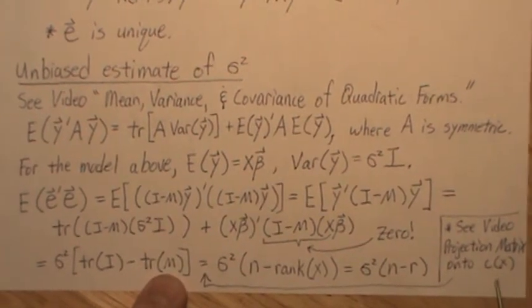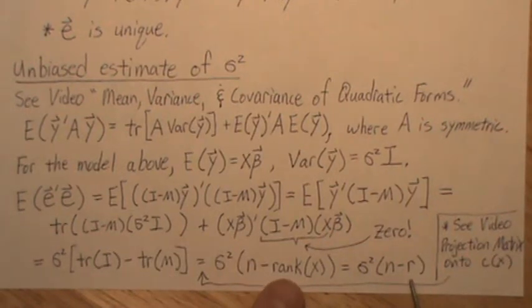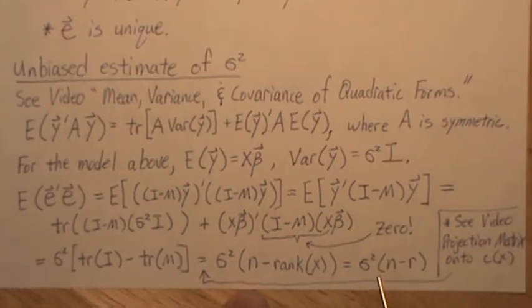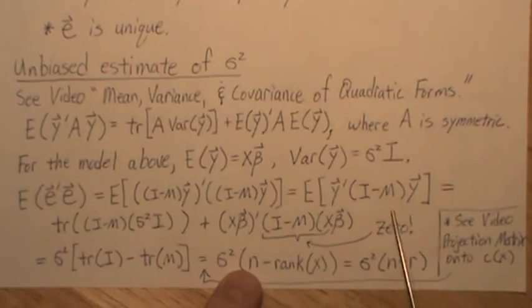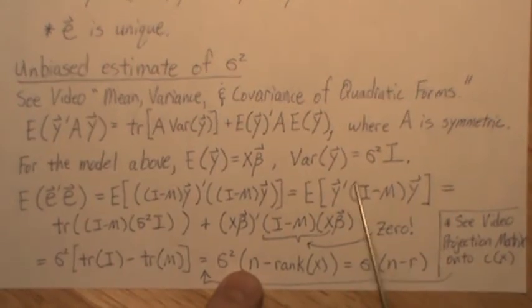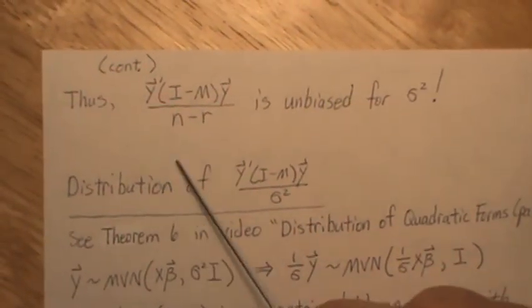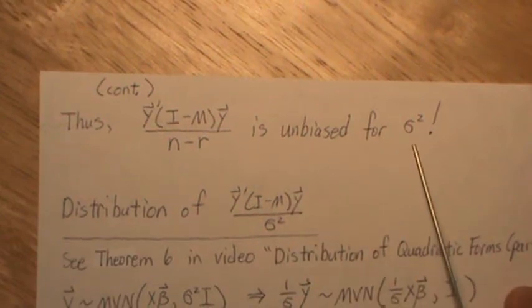It's in this playlist, General Linear Models, Design of Experiments, and we called the rank of x R. So now if we take the expected value of this, we get sigma squared times a constant. If we divide both sides by n minus r, then that becomes an unbiased estimate for sigma squared. So thus, this quantity is an unbiased estimate for sigma squared.